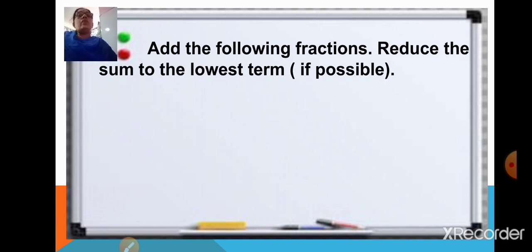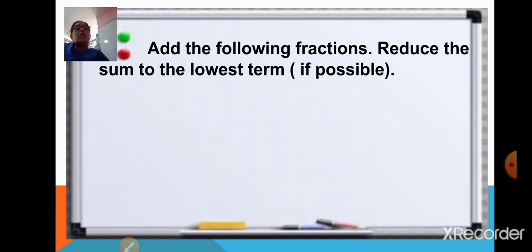To reduce, you have to divide the numerator and the denominator of your answer by the greatest common factor, or make it an equivalent fraction in which the numerator and the denominator are as small as possible. In simple words, the numerator and the denominator should be divided by the same number.